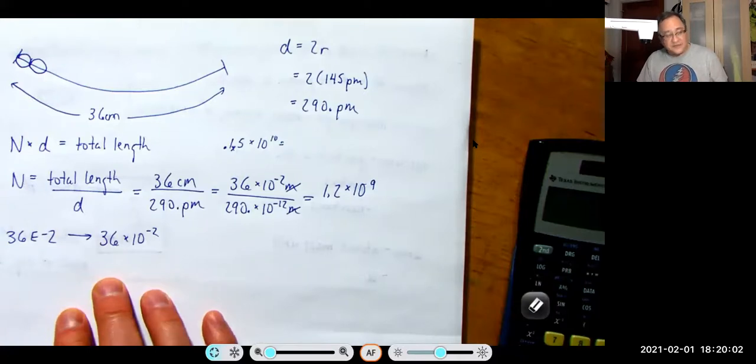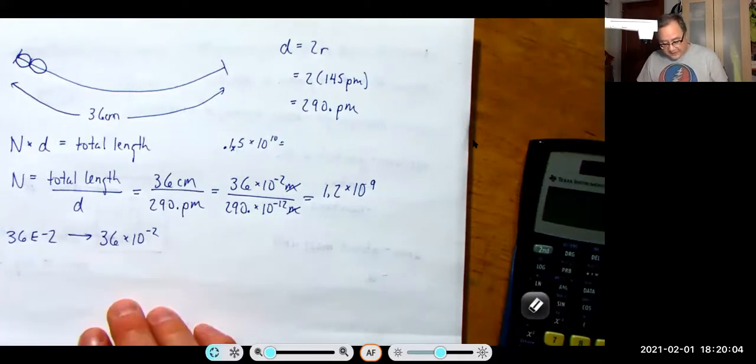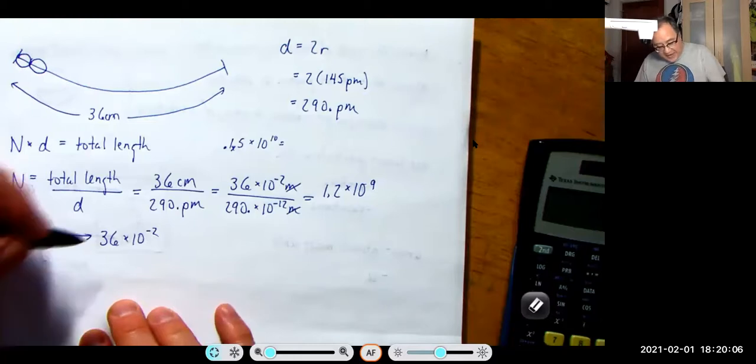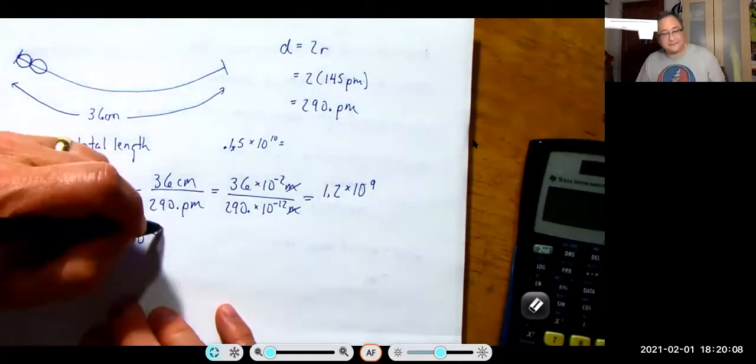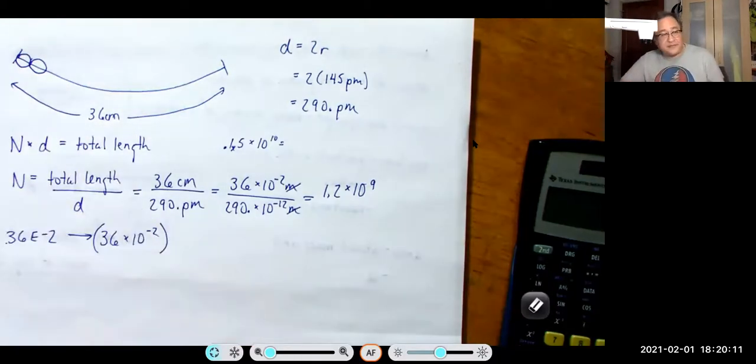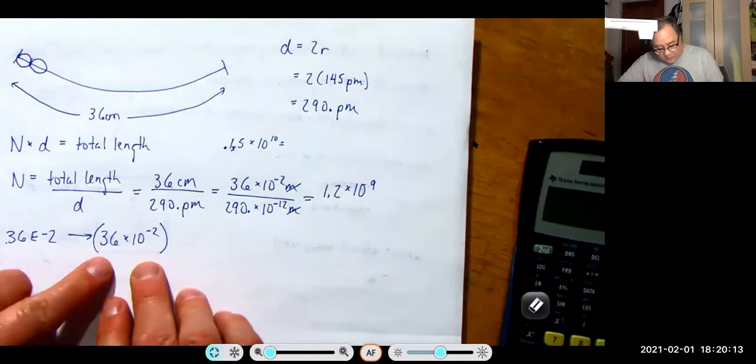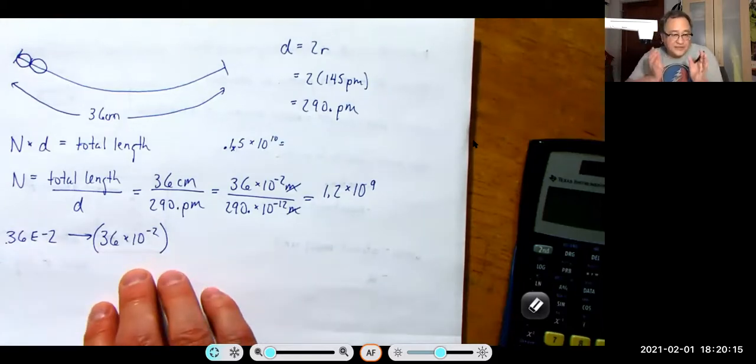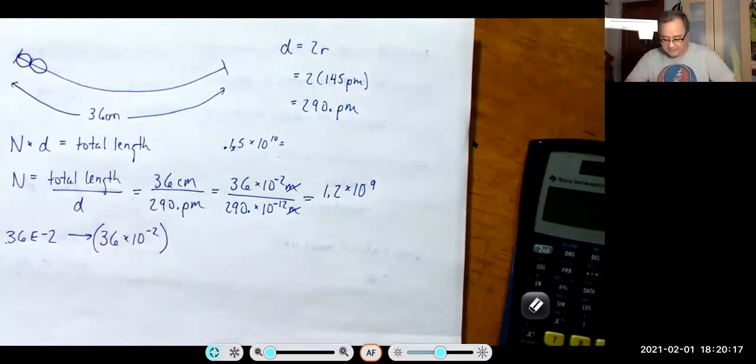And it's really convenient to do this. And this actually means this. And that's super convenient because then you don't have to worry about using parentheses. It treats it as one unit.